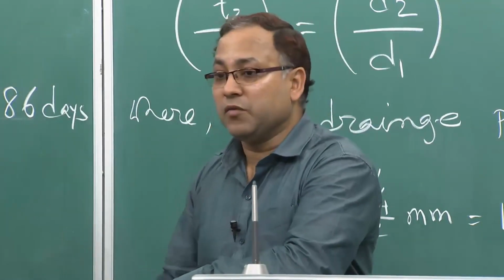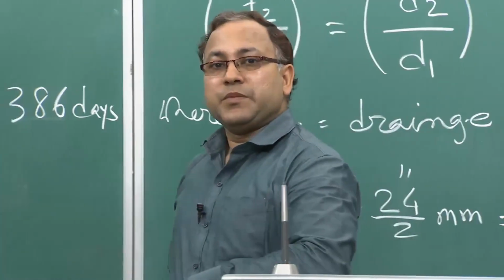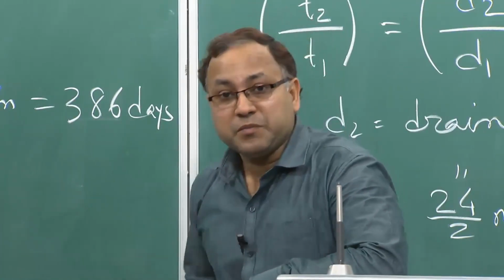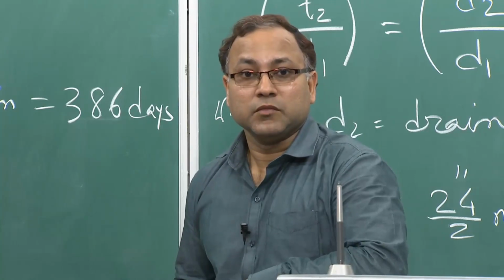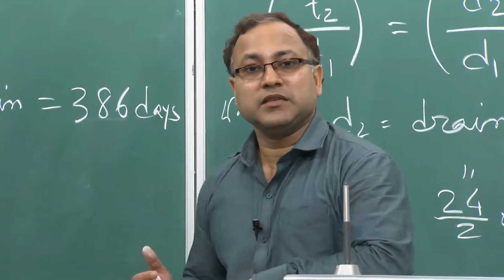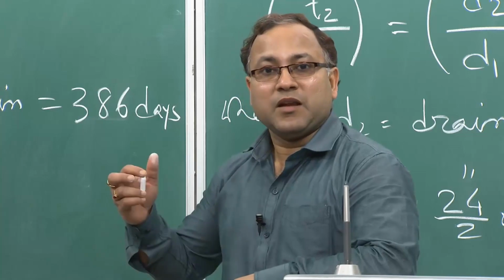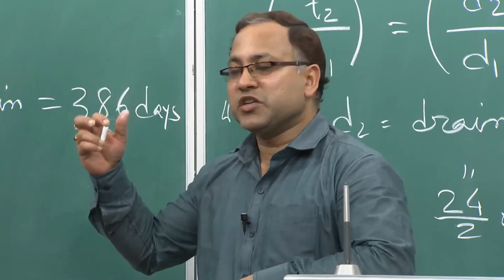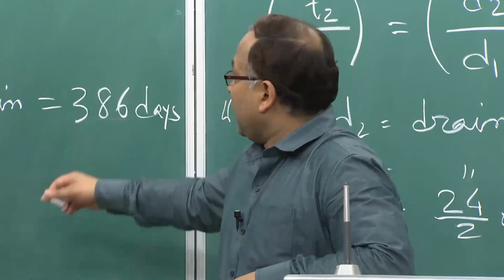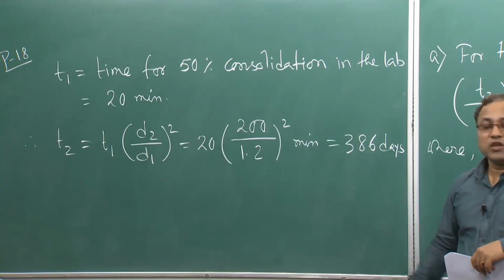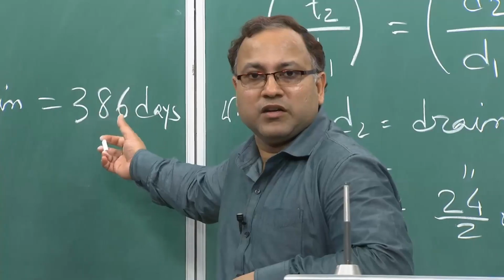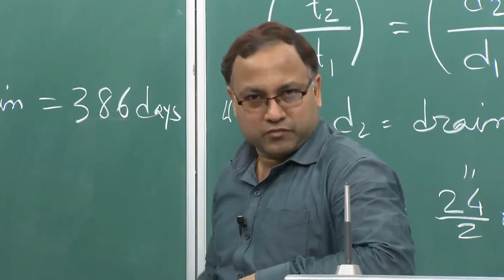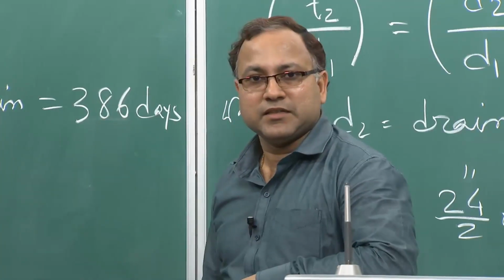Now, if you want 90% consolidation or say 95% consolidation, then you have to give more time, right. So, this is the situation. That means you will be getting 50% primary consolidation after 386 days. If you go for 90% consolidation, even more time will be required, more than 386 days.